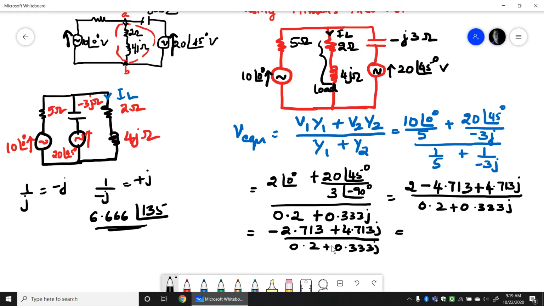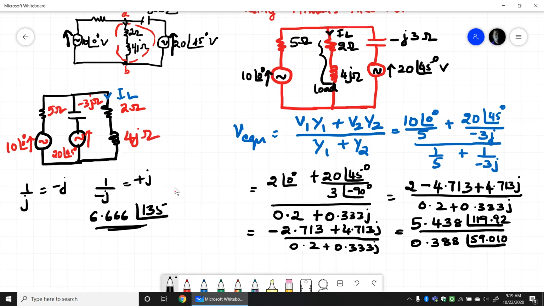Shift polar of minus 2.713 comma 4.713 will give me the numerator 5.438 at an angle 119.92, whole thing divided by the new denominator polar of 0.2 comma 0.333, which will give me 0.388 at an angle 59.010.